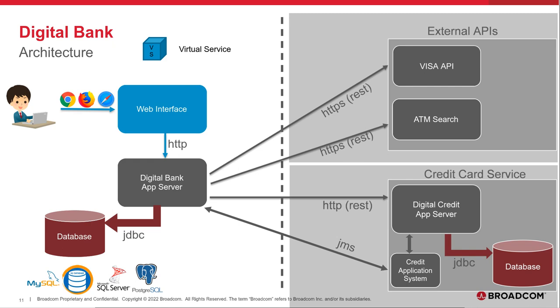This is an app server. I've got an app server and I've got dependent services. So I have virtual services for 3 of these. And we're going to use the ATM search and the Visa API as examples during this demonstration.